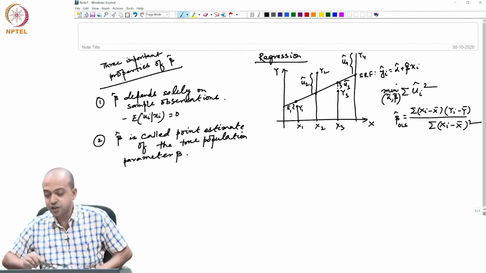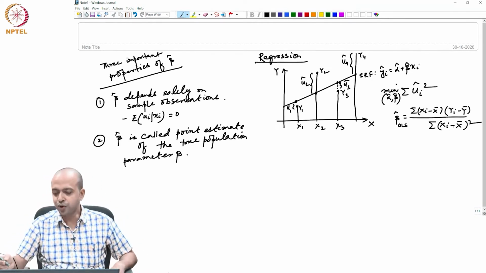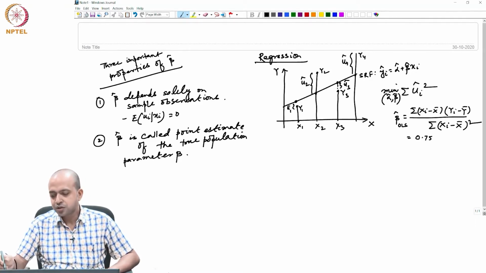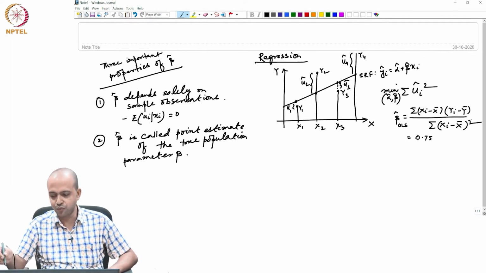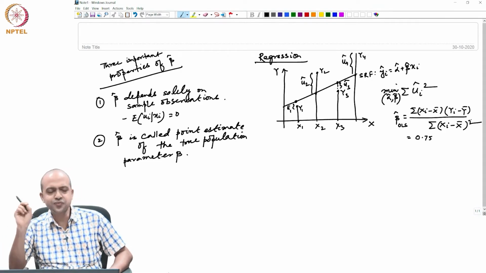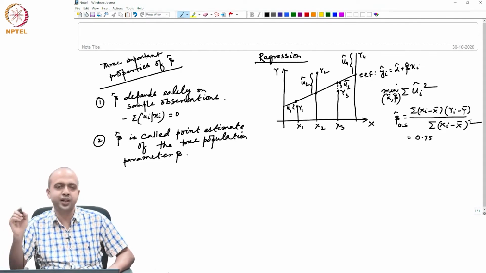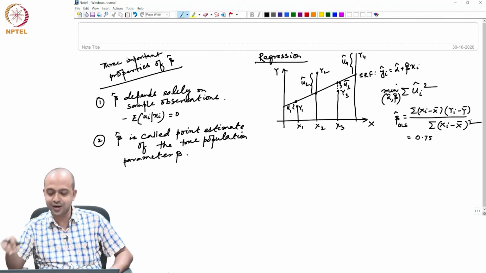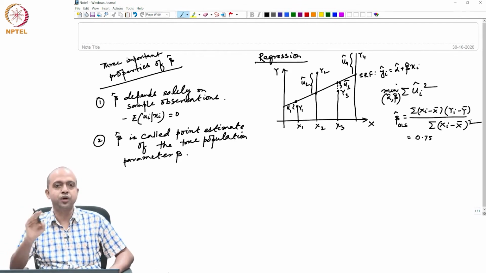Now, why is this called point estimate? Because if you solve this, you will arrive at a specific value, let us say 0.75. That means if you know xi and yi, and if you solve this using this formula, then you will arrive at a specific value of beta hat. Let us assume that value is 0.75. Since we are arriving at a particular value of beta hat using this technique, this beta hat so derived is called point estimate of the true population parameter beta.